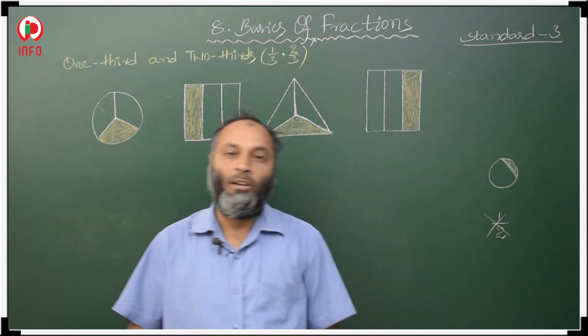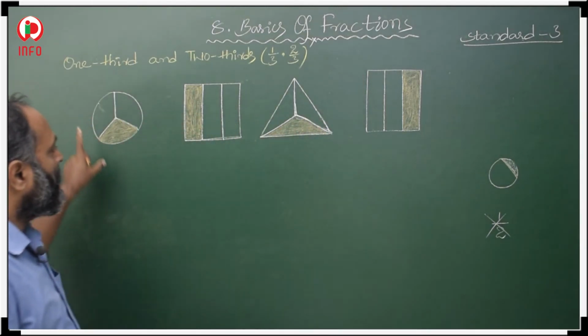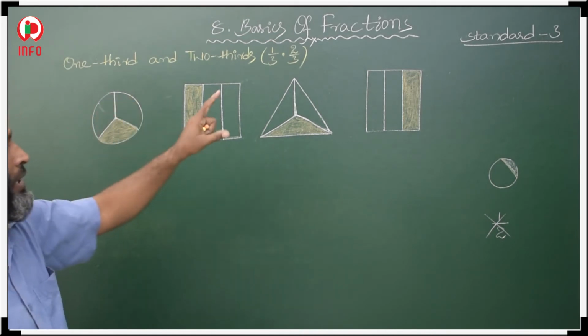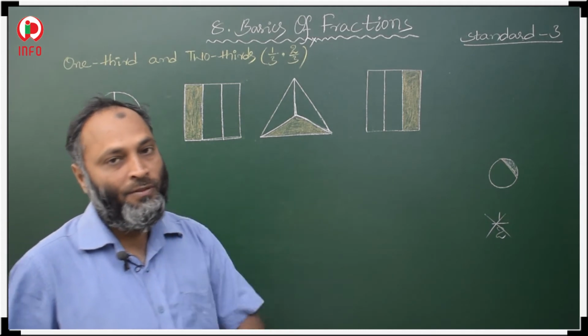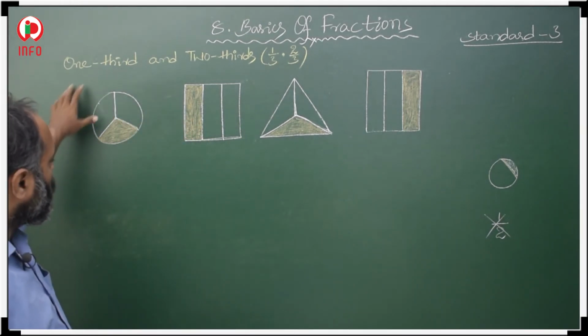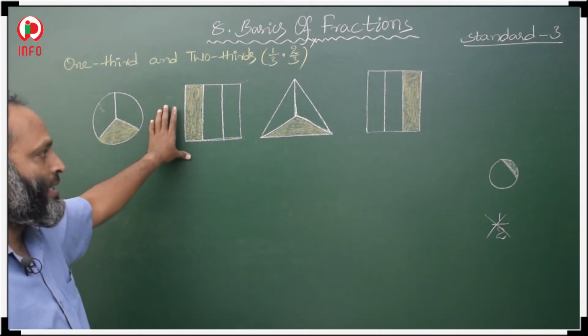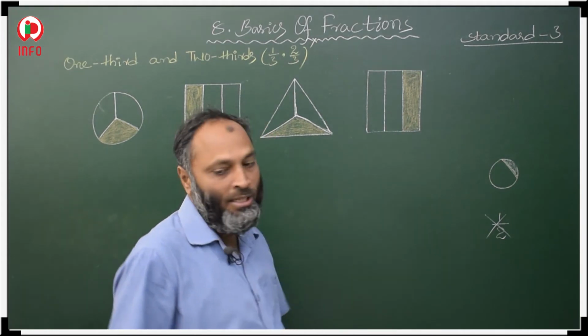Okay. Now, the next concept, see here. Here 4 figures are given, and some parts are shaded. The first is a circle, the second is a square, the third is a triangle, the fourth is a square.